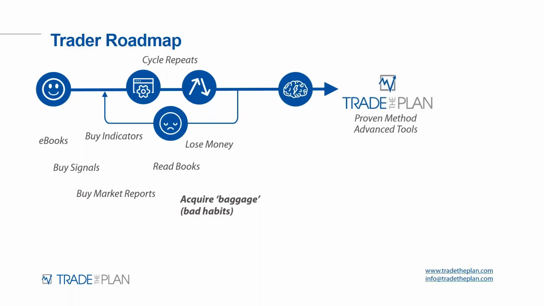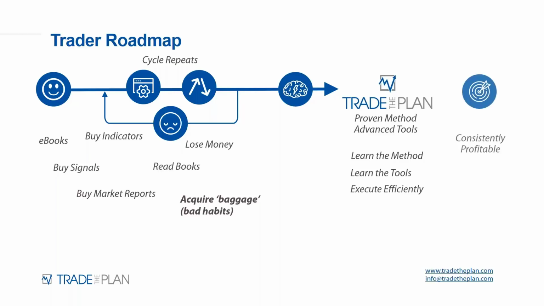And that's where we encourage you to consider looking at us at Trade the Plan, a proven method and advanced tools. Once joining Trade the Plan and picking up the tools, we teach you the method. You have to learn the method, learn the tools, then begin to execute efficiently on your way to becoming a consistently profitable trader. What everyone strives for, right?